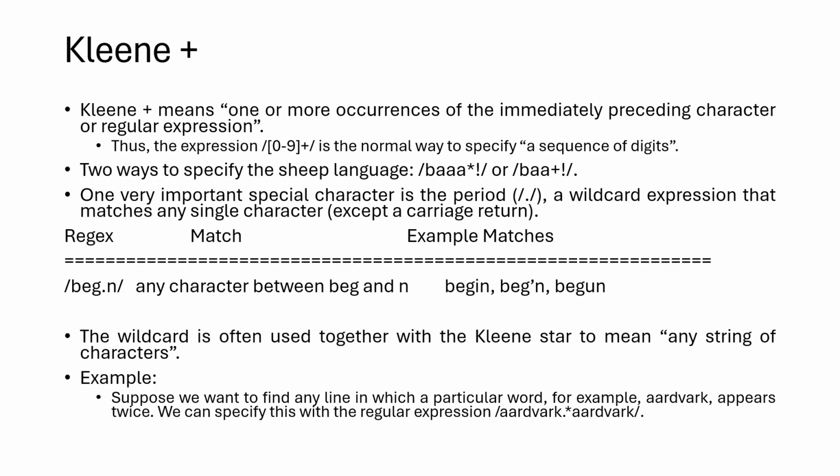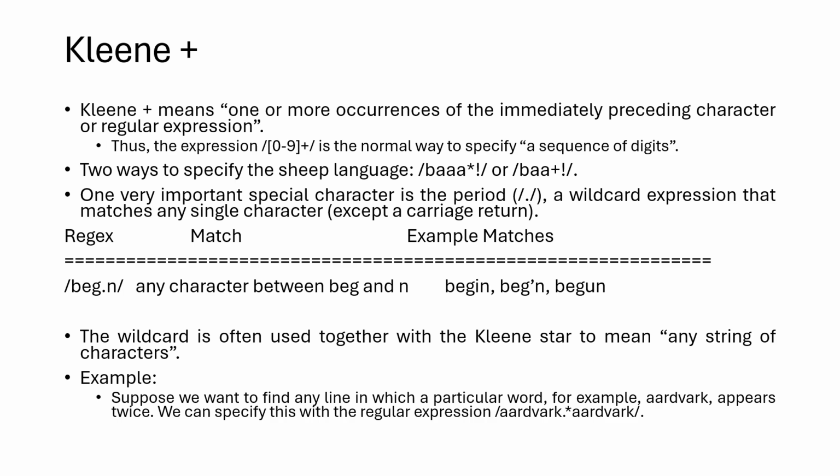So we have one more important character, the period. This can be used as a wildcard expression to match any single character except a carriage return. For example, in this example, this dot operator specifies that it matches the i in the example begin, and similarly in begun it will match the u.